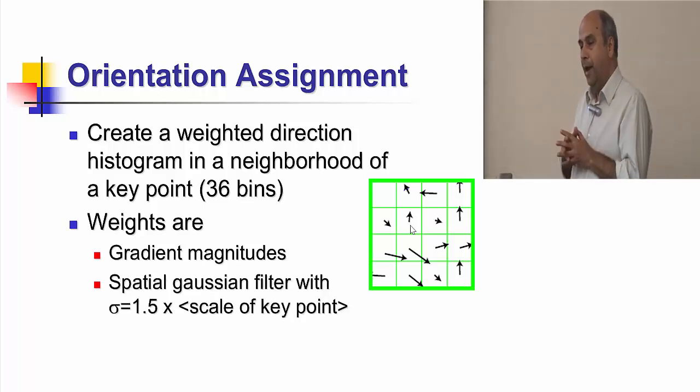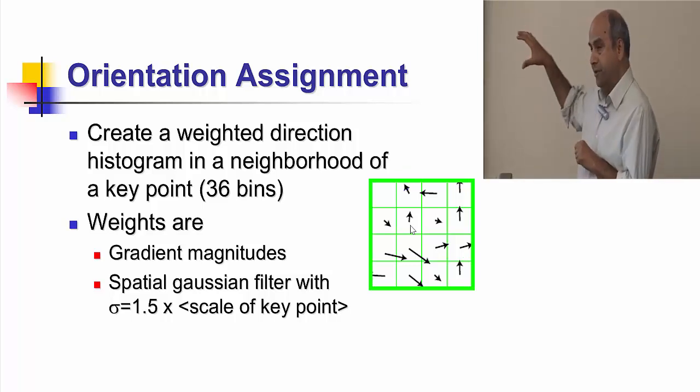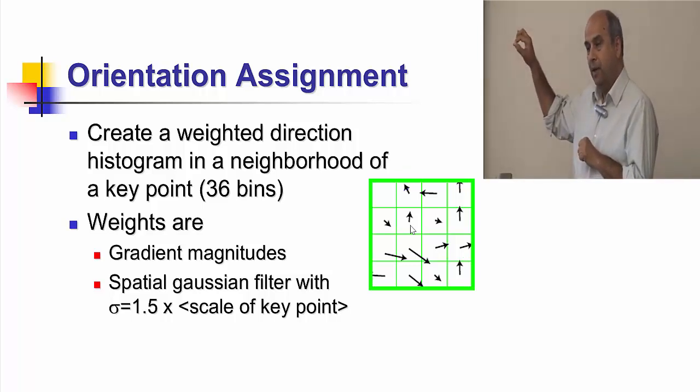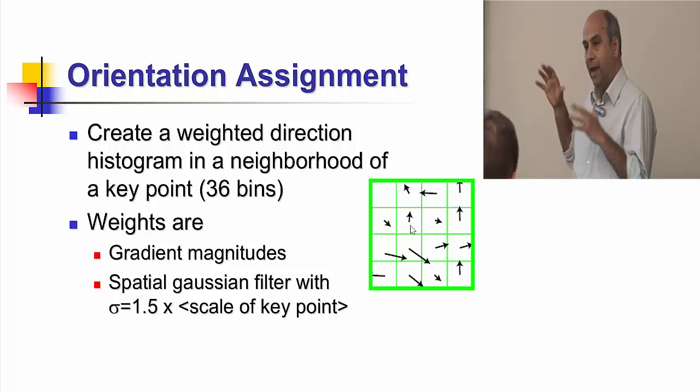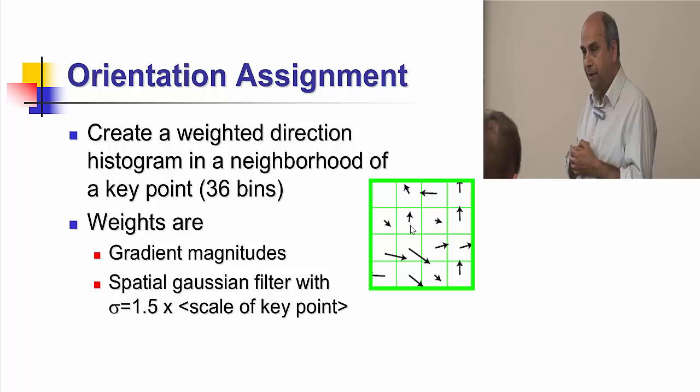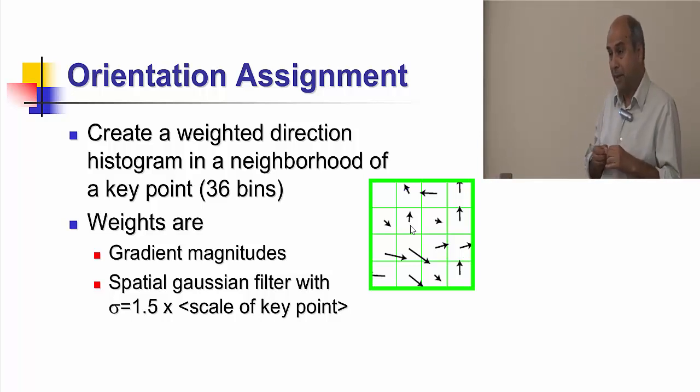And also we can have the weights according to Gaussian, so that the central pixel will have a higher weight, and the pixels which are away from it will have smaller weight. So using these weights and using at each pixel in the neighborhood the gradient direction, we will come up with the 36-bin histogram, which will show us how these gradient directions are distributed.